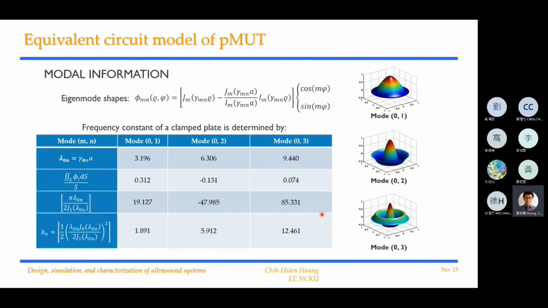And here we introduce the different modes. The three most popular modes we usually look at are mode 01, mode 02, mode 03.